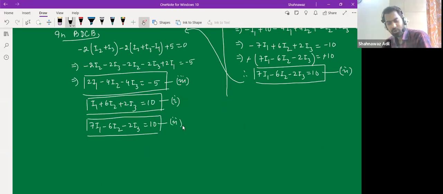Right. So do you guys remember how we solve linear equations in three variables? Have you solved the equation? Yes. No, sir. Okay. You have not solved. So the method that we will use is the elimination method. Elimination method you guys are familiar with, right? Yes, sir. So we have to eliminate one variable at a time, right?